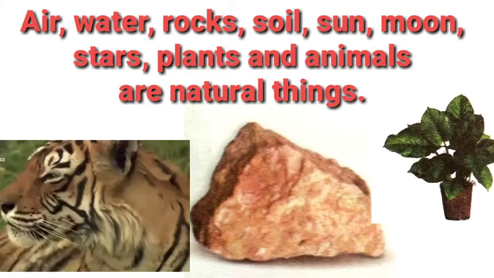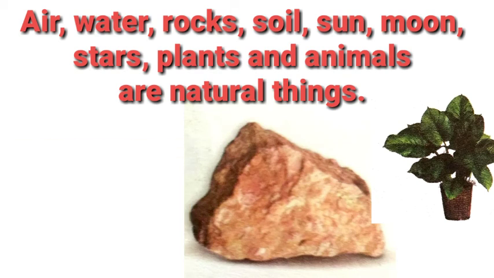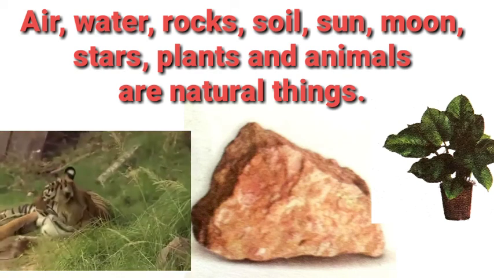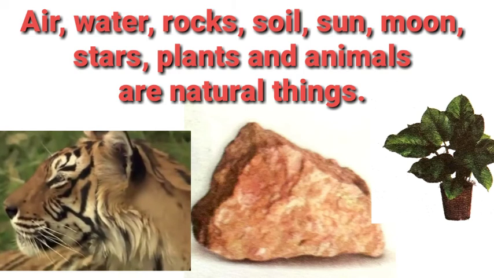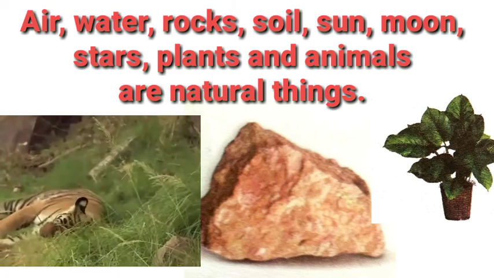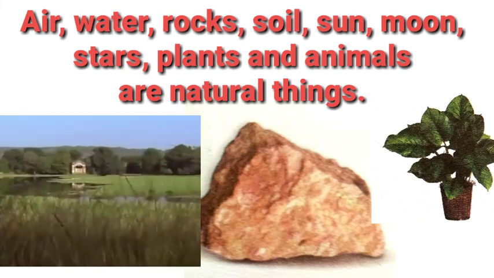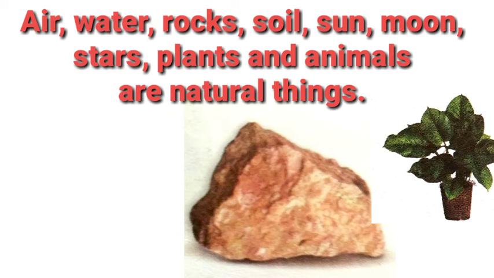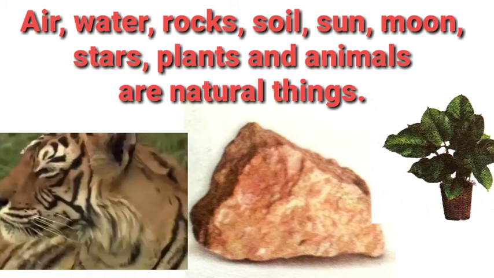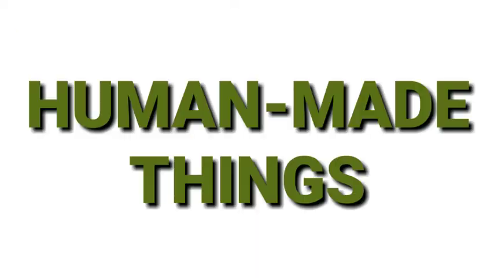Air, water, rocks, soil, sun, moon, stars, plants and animals are natural things. Understood? These things cannot be made by humans. Okay? So these are the natural things.